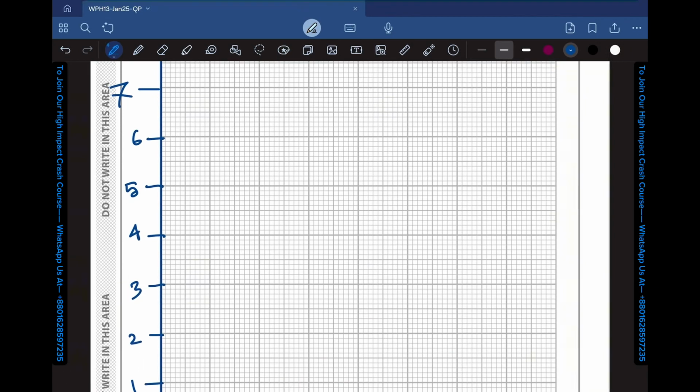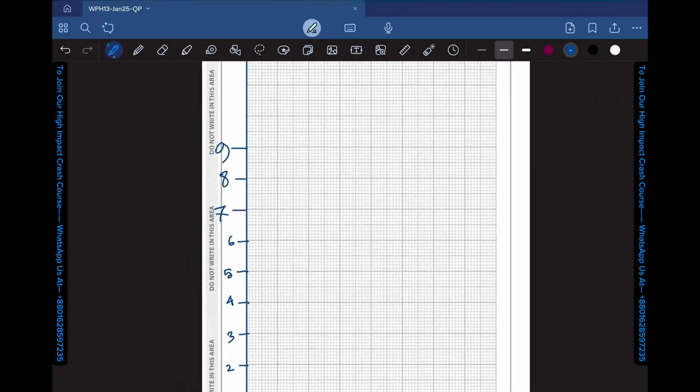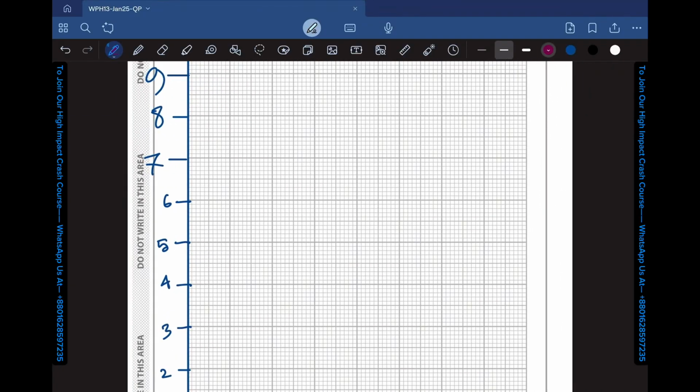We will be writing like this: frequency, or you can just write frequency slash megahertz. Never ever forget to write the units, okay?